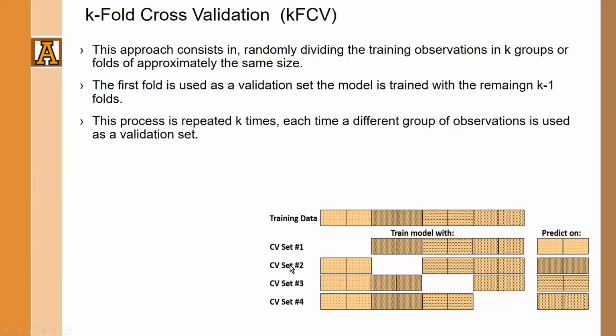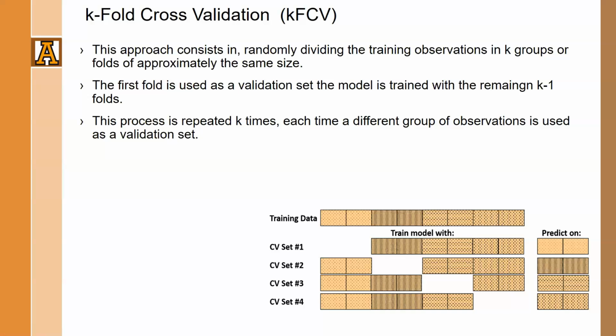The second time, we train the model with the folds that were not used earlier, the first, 3, and 4, and test it, or do the prediction, on the fold that was left out. And the same thing for fold number 3 and fold number 4 in the case of four-fold cross-validation.